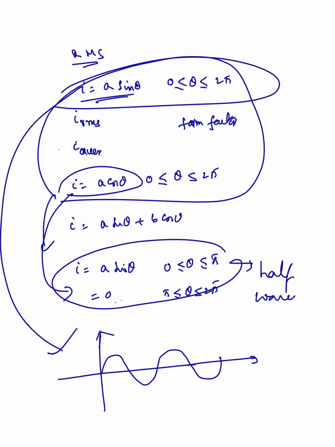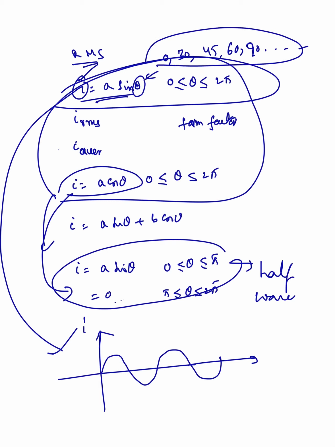You can substitute the values of 0, 30, 45, 60, 90, and so on. After getting the value of I, connect all the points for that particular I. Then you get this type of smooth curve, sin theta.